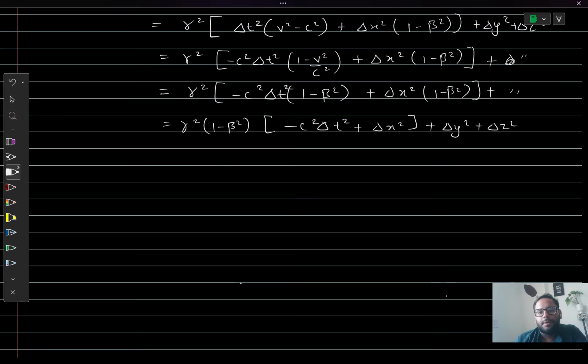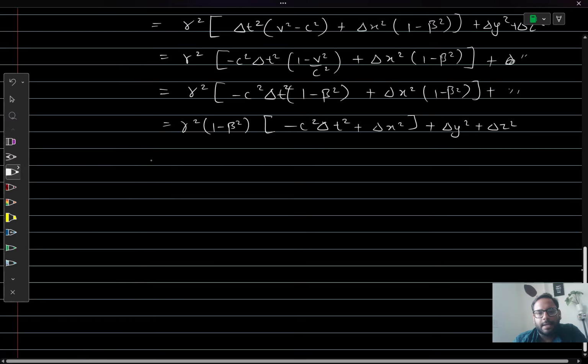And you know already that this can be cancelled out because this was 1 minus v squared by c squared, we have defined a gamma like this. So this will imply that gamma squared will be equal to 1 minus v squared by c squared, which is also equal to 1 minus beta squared, where my beta is v by c.